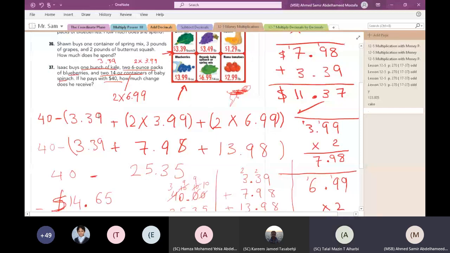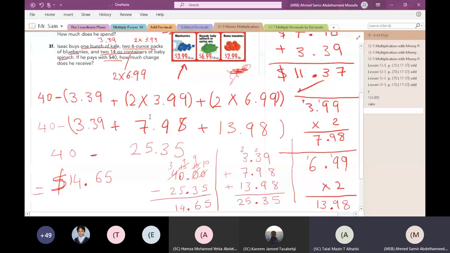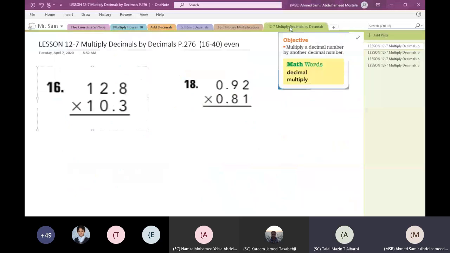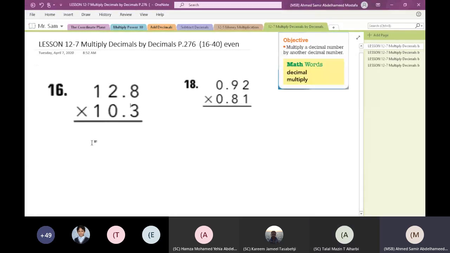Right. Moving on to lesson 12.7 now. We're discussing multiplying a decimal by a decimal. So let's see here, 12.8 times 10.3. Let me answer this for you first.